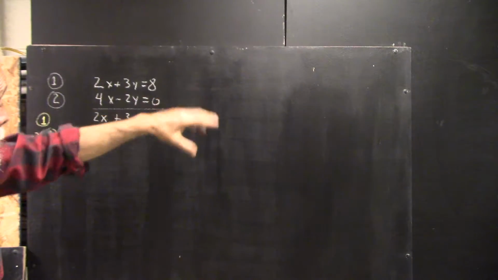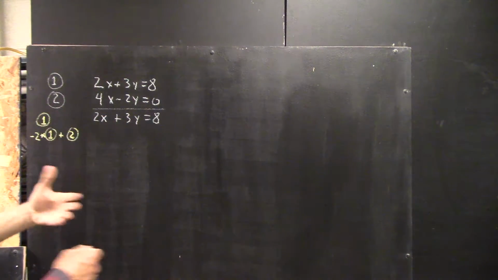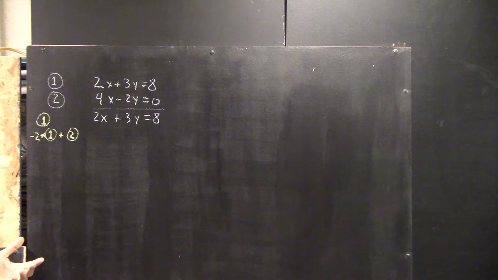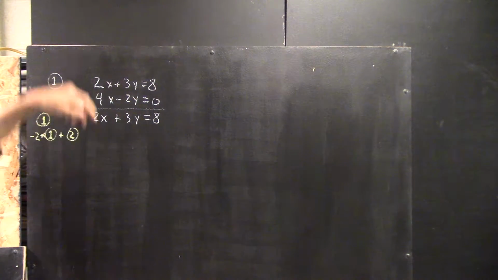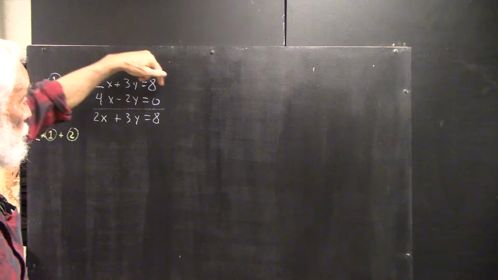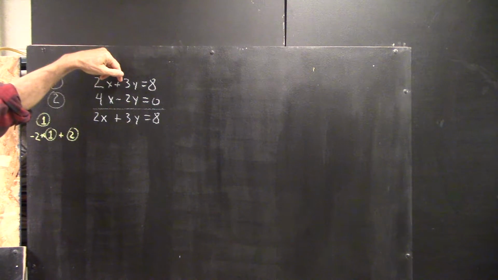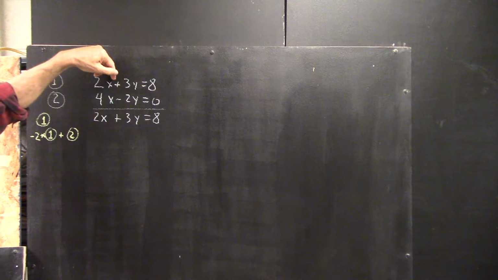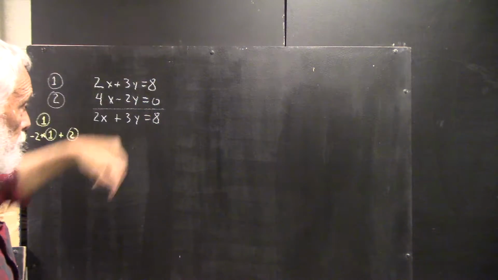I don't want to do my off the scratches, what I would do on scratch paper to get these results. And what I would do in scratch paper is write negative 2 times this equation. That would be negative 2 times 2 is negative 4, so I'd have negative 4x. And negative 2 times 3 is negative 6, I'd have minus 6y equals negative 2 times 8 is negative 16.